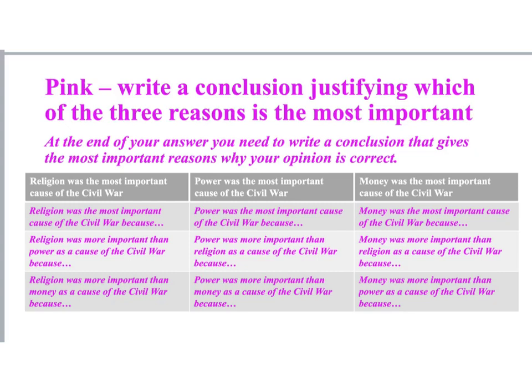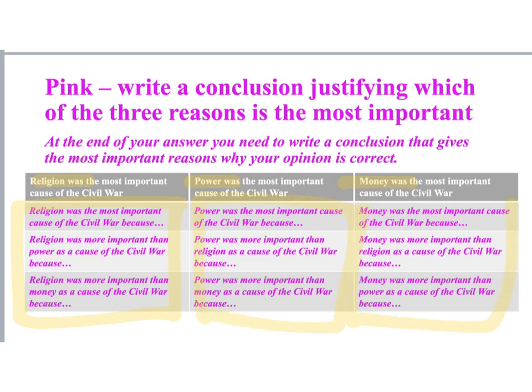It shouldn't be three paragraphs of conclusion, it should be one, but it should have all three of these points in there. So first of all, are you writing about religion? Are you writing about power, or are you writing about money? Get in the right column based on what your argument is. And then what you need to do is complete these three sentences in one paragraph, okay? So if you're doing religion, you need to put these three sentences together into one paragraph and finish them off, okay? These three here.